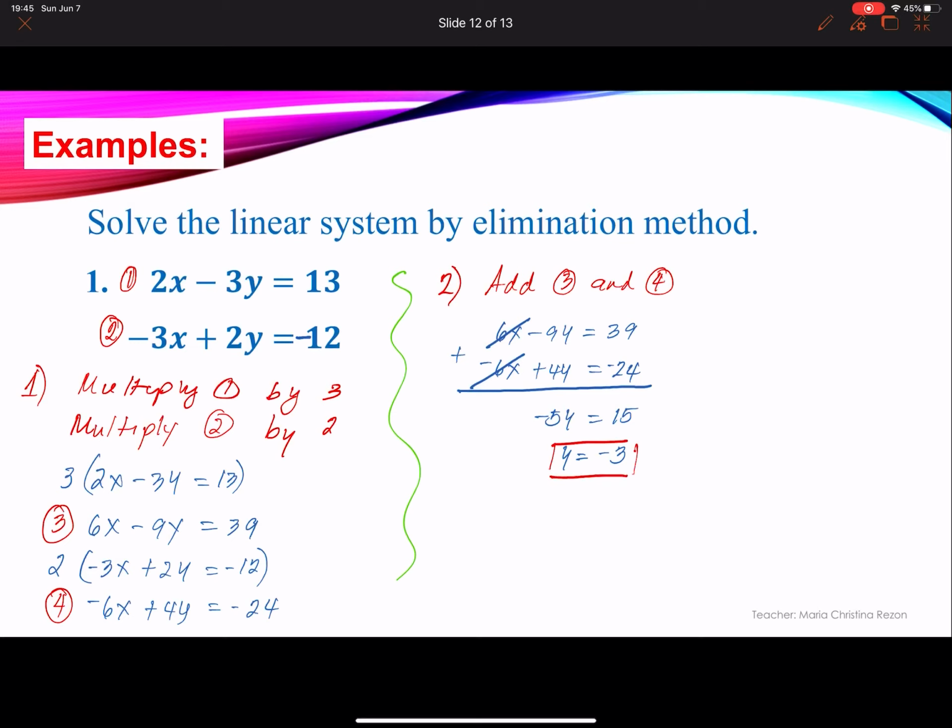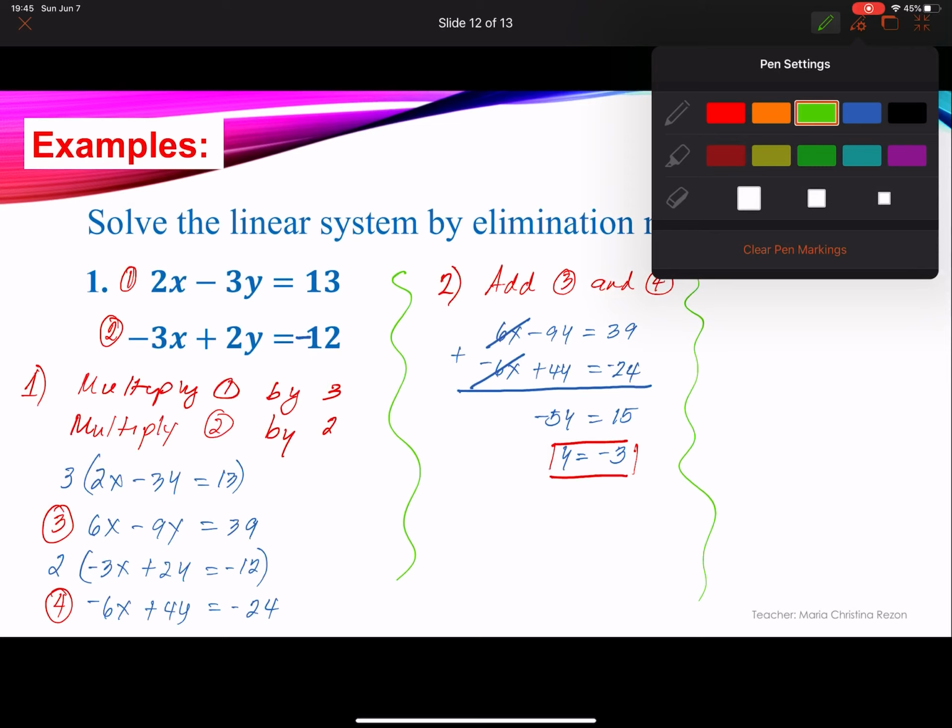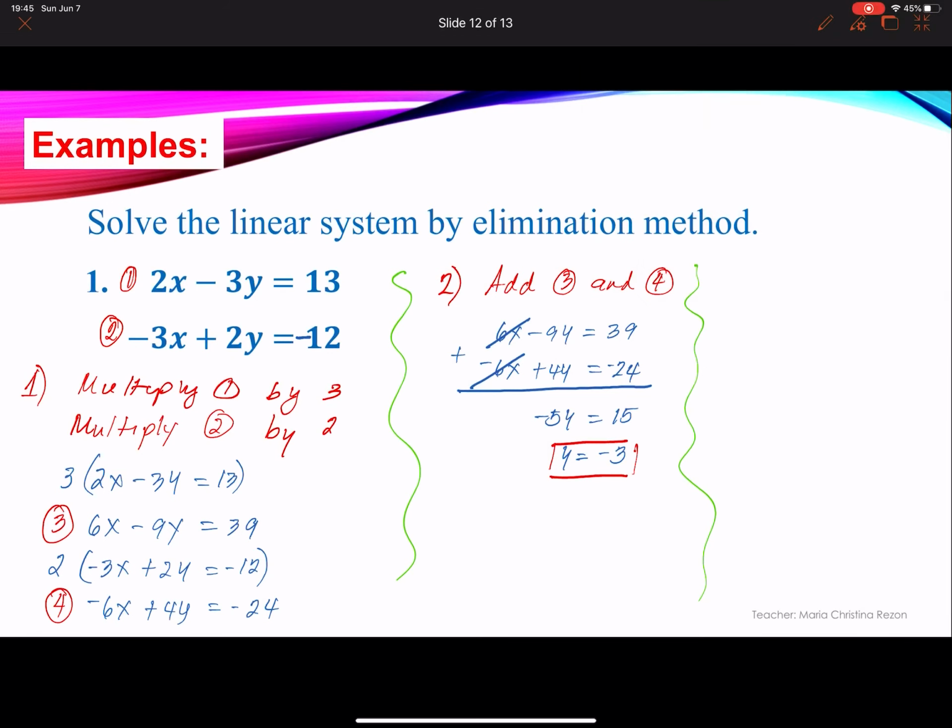And then the third thing that you're going to do, the third step, is you substitute y is equal to negative 3 to any of the equations.